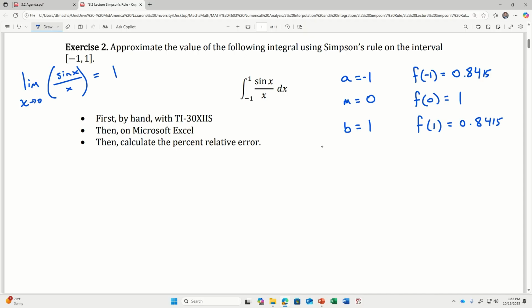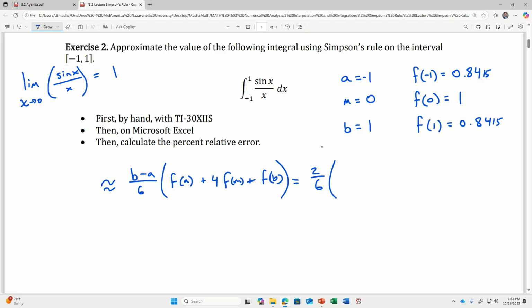So Simpson's rule says I can approximate this integral by taking b minus a divided by 6 and then f of a plus 4f of m plus f of b. So it's kind of like a weighted average. B minus a is 2.